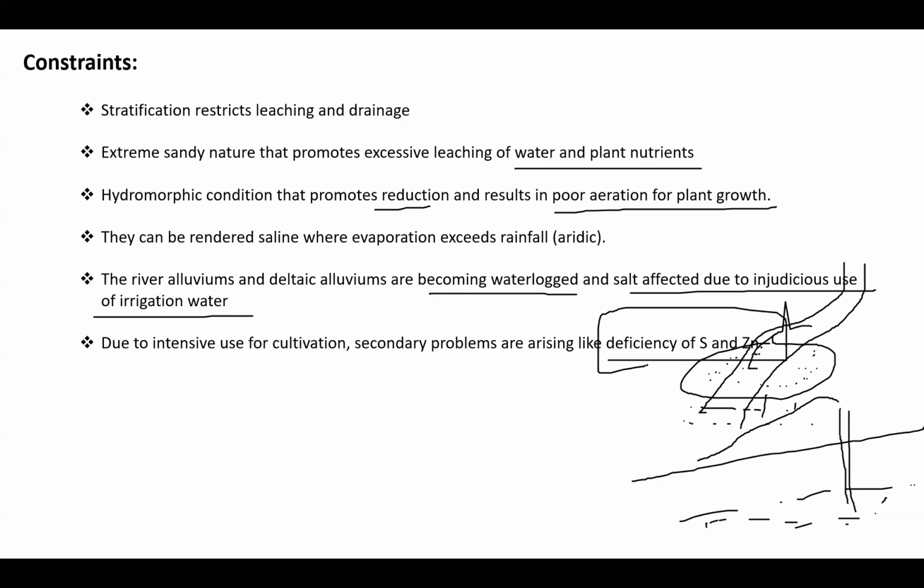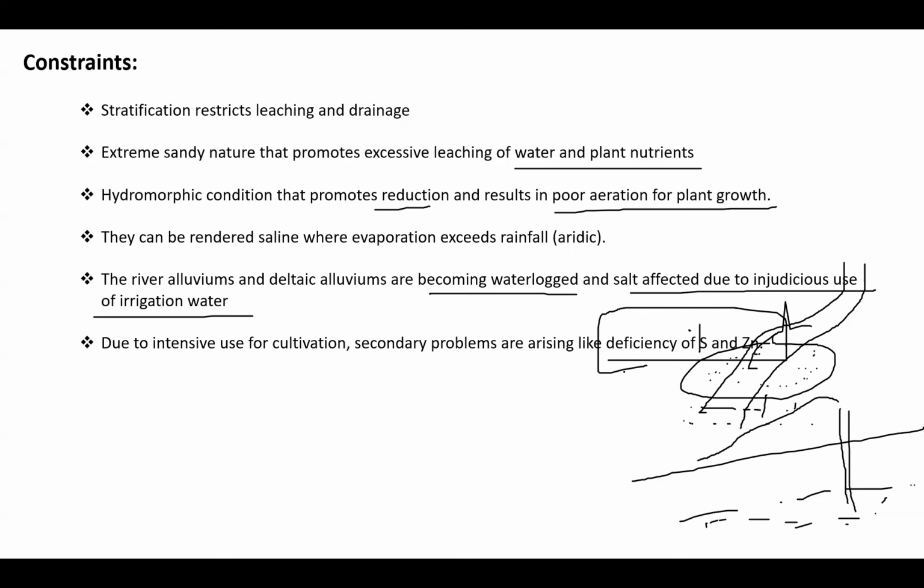The fields rest in the summer season, but otherwise there is continuous, rigorous cultivation. So due to this continuous exploitation of nutrients from the soil, we see deficiency of micro and some secondary nutrients, very popular in Sambalpur district soils.